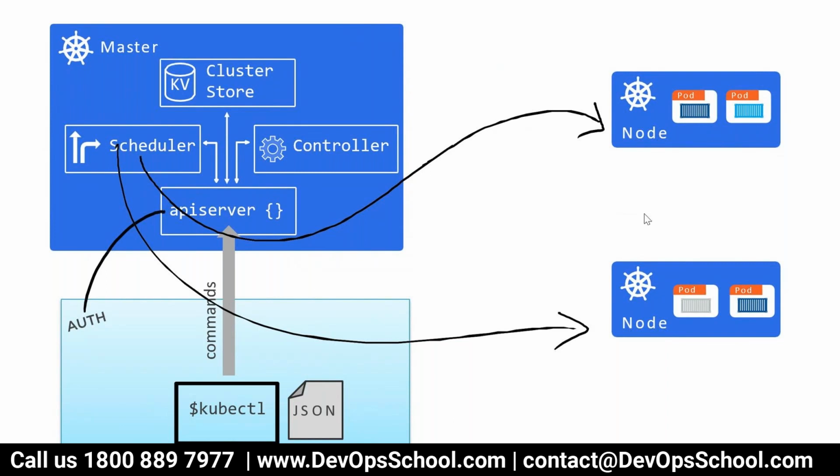And then the workstation, which is our laptop, has kubectl. There we write a JSON file and send this JSON file to the API server, and all this happens. So this is what we covered last day.